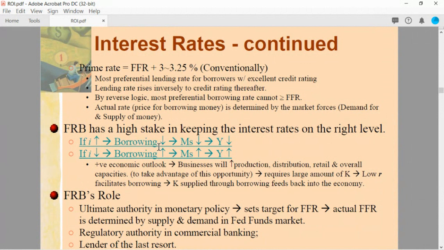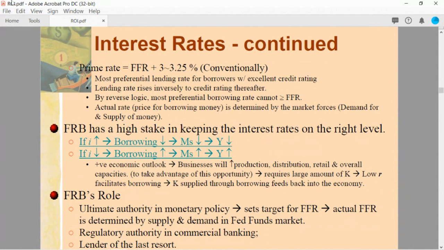High interest rate is always a burden on the borrower, so borrowing goes down. It's mostly businesses borrowing, right? Businesses won't borrow when interest rate is high, because it's burdensome, and also the economy was just going into recession.